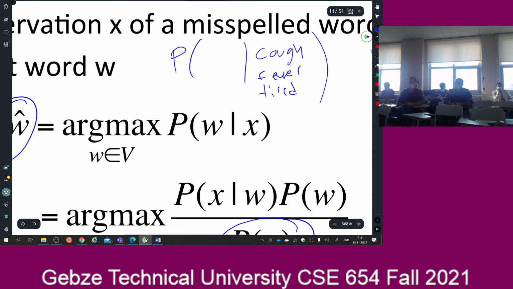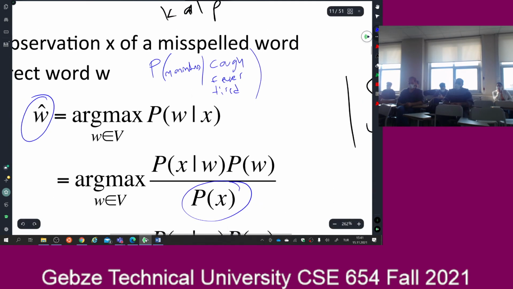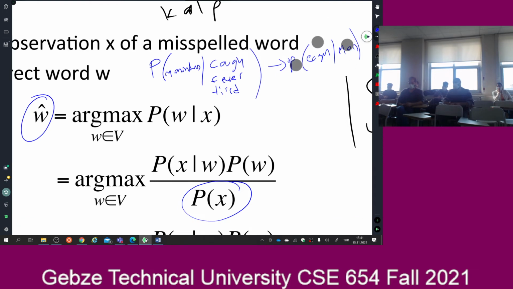What is the probability that this patient has meningitis? Instead of calculating this probability, they just invert it and use this one: the probability of meningitis causing cough. This one is in the medical books. They learn it in medical school.